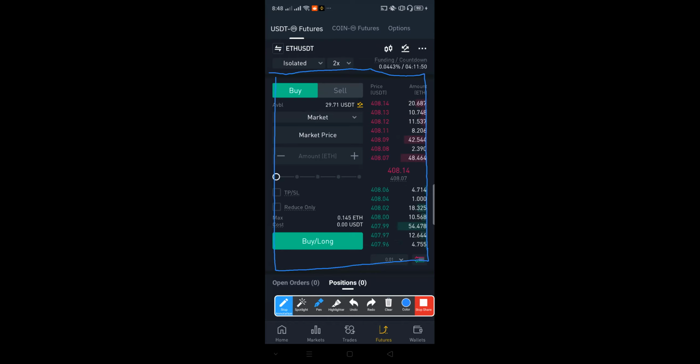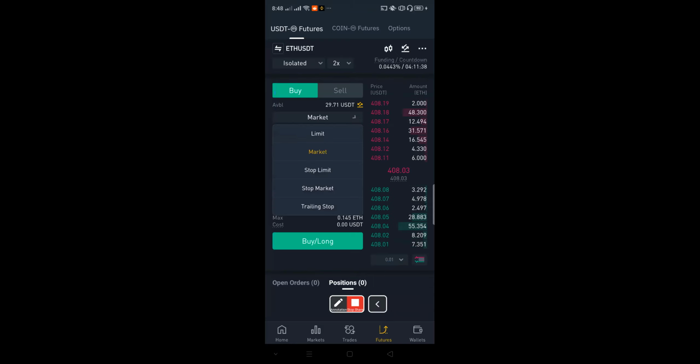The upper part of it is not there. So when you buy on spot, you buy by market or limit. What you are going to see on spot is different from what you are seeing here.